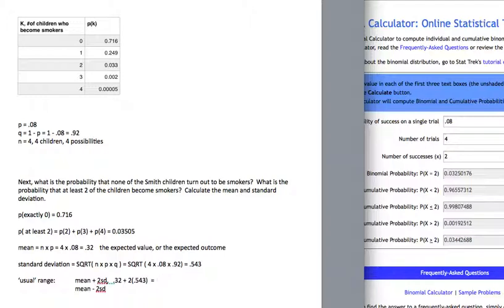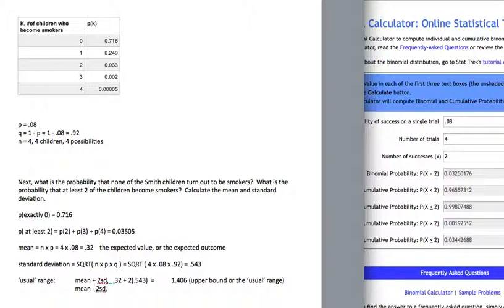So 0.32 plus 2 times the standard deviation, we get 1.406. And what does this represent? This represents the upper bound of the quote-unquote usual range, the rule of thumb that we saw.